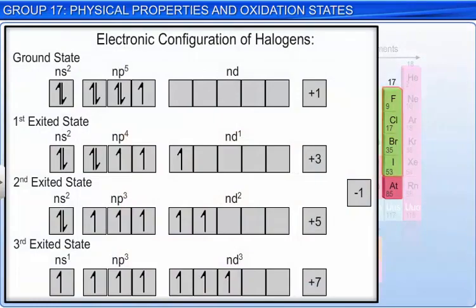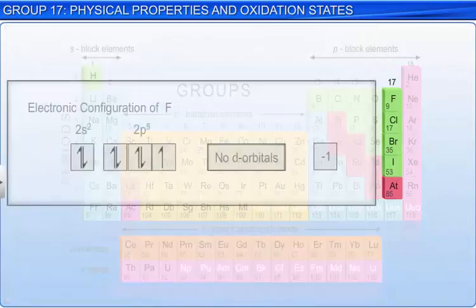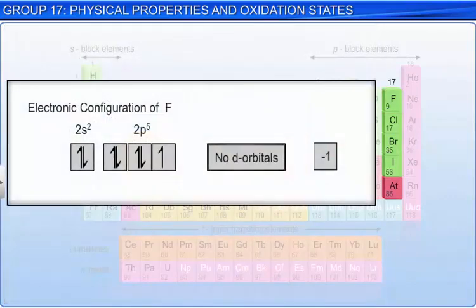These elements exhibit +1, +3, +5, and +7 oxidation states along with -1 oxidation state as shown here. Fluorine exhibits only -1 oxidation state because it does not have d orbitals in its valence shell.